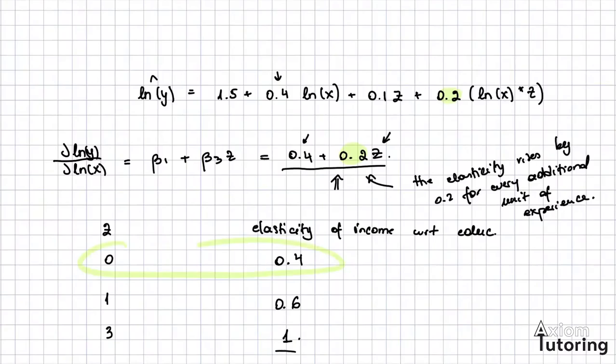But in general, it's just going to be 0.4 plus 0.2 z. So always state the value of z you are evaluating at. In log-log interaction models, elasticity varies with z, and beta 3 is the rate of that variation.